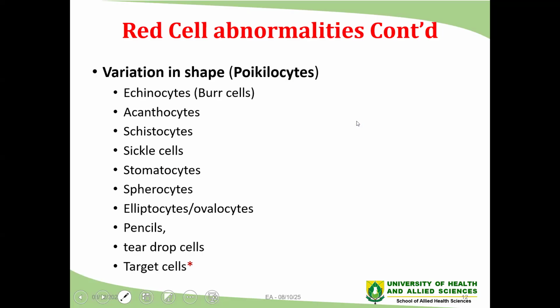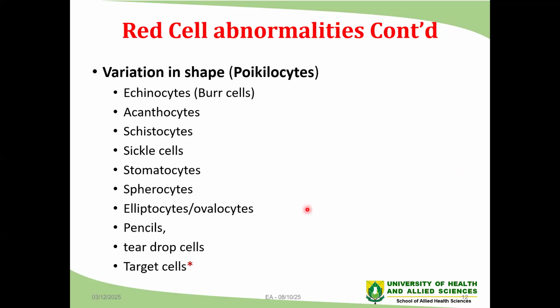Another abnormality that we are likely to come across will be variation in the shape of the red cells, and we call those poikilocytes. So if you find any red cell at all whose shape is way from what is expected, that is simply a poikilocyte.